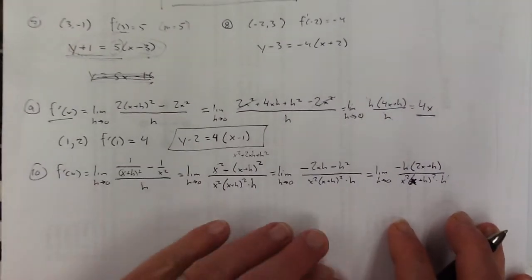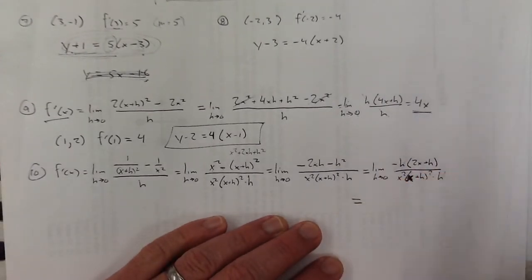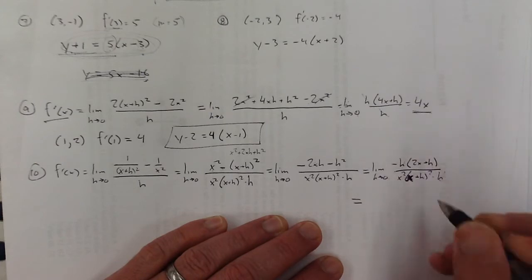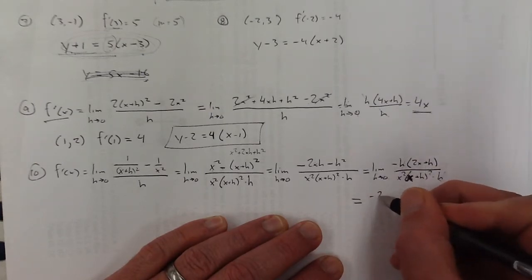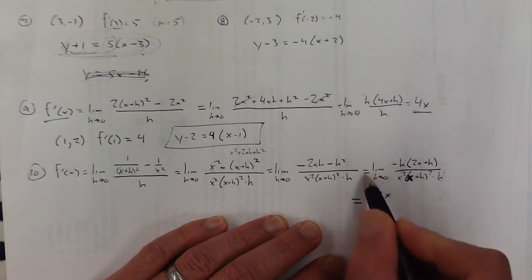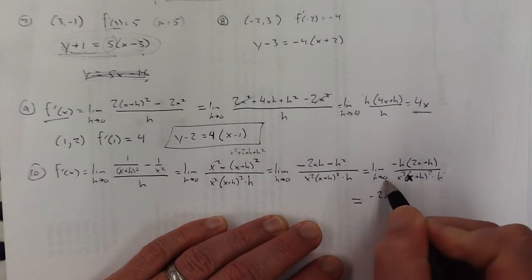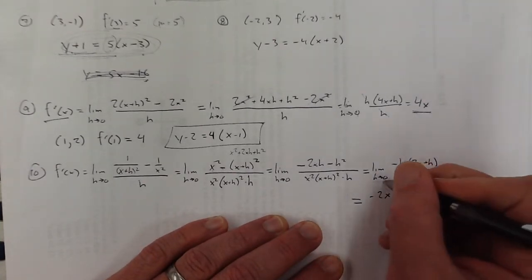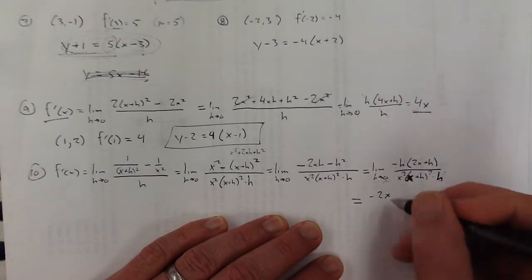I think that I can, in one step, cancel the h's and plug 0 in for h. So on the top, I've got negative 2x. Once you plug this in, that is the first place where you don't have to write the limit anymore. As soon as you plug that number in, you've resolved your 0 over 0 problem. That's when you get to stop writing the limit.